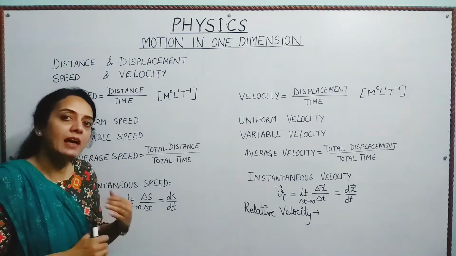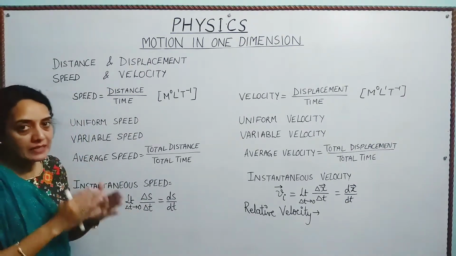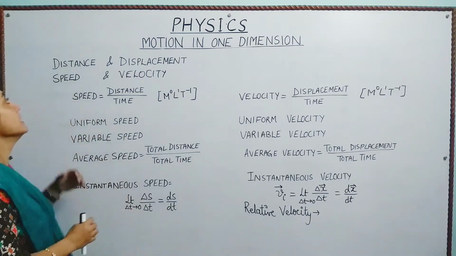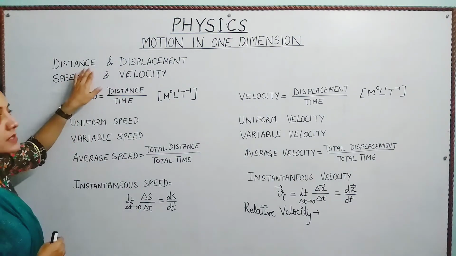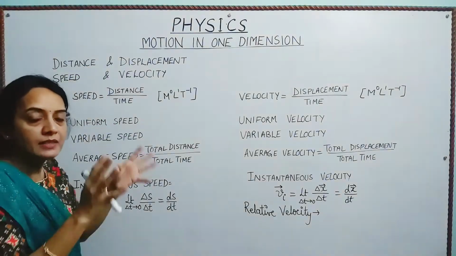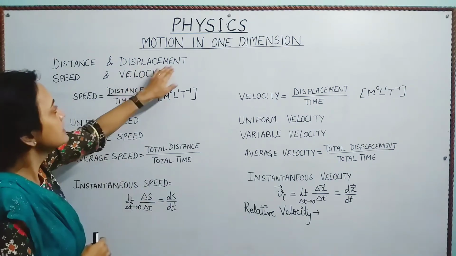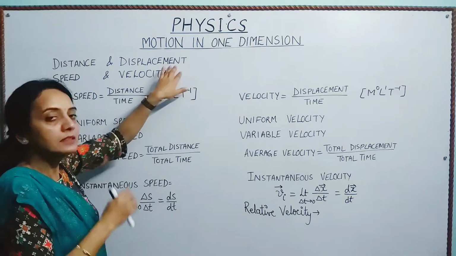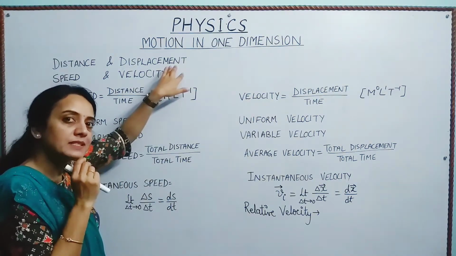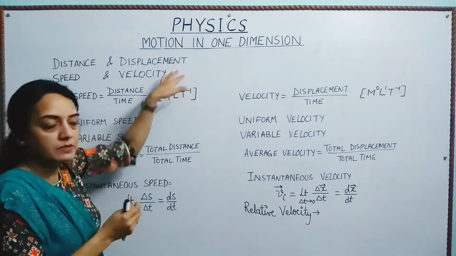Scalar quantities have only magnitudes, whereas vector quantities have magnitudes as well as directions attached to them. Distance is a scalar quantity, and distance is simply the total length of path covered by any object. Whereas displacement is the actual length of path from the starting point to the final point.